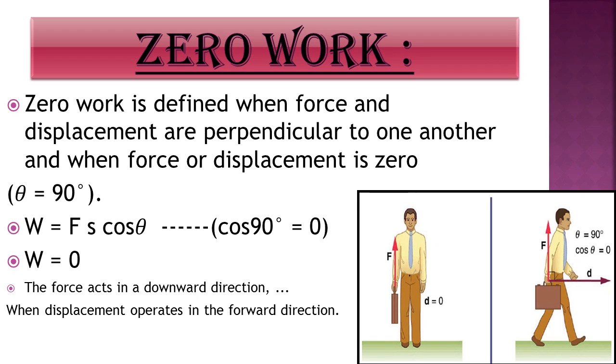In the right hand side picture a man is walking. That means displacement and force here are perpendicular to each other. Theta is 90 degrees, so zero work is done. The force acts in a downward direction when displacement operates in a forward direction, so these two form a 90 degree angle.